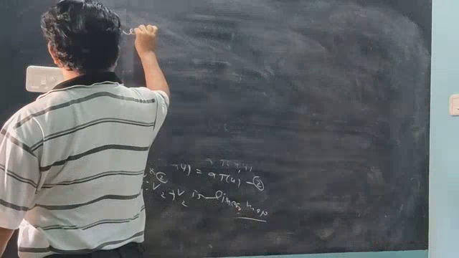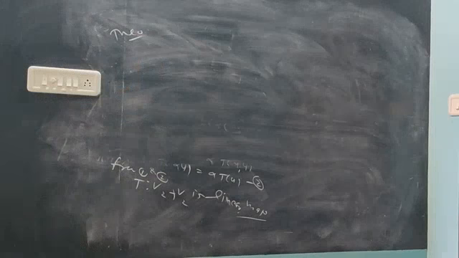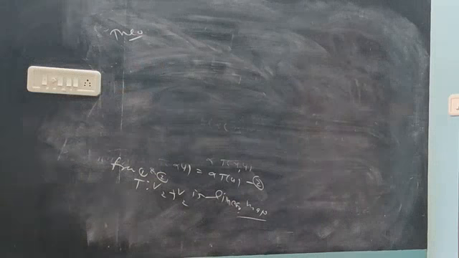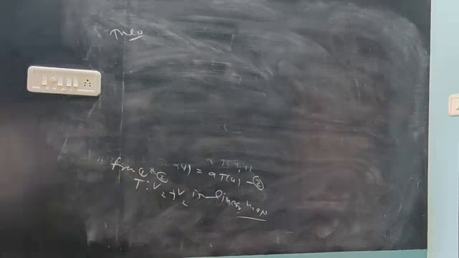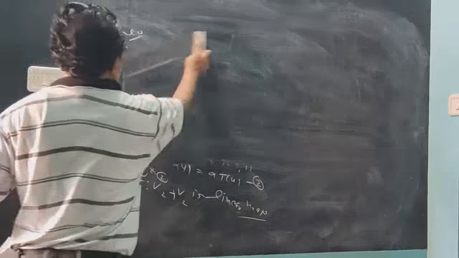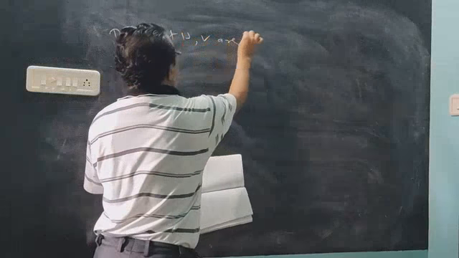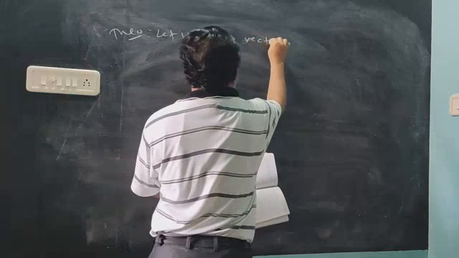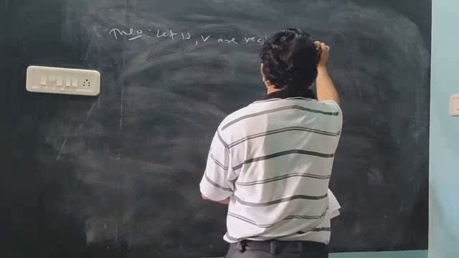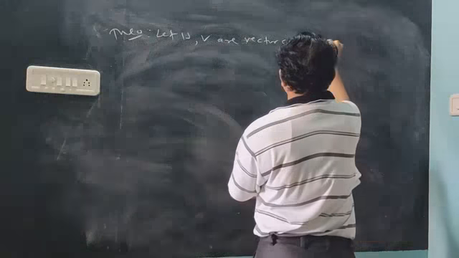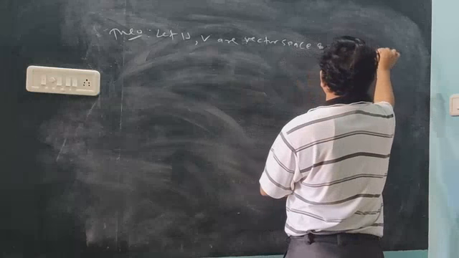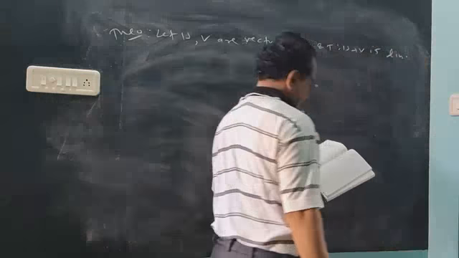Next, as a theorem, let U and V be vector spaces, and T is a mapping from U to V that is a linear mapping.